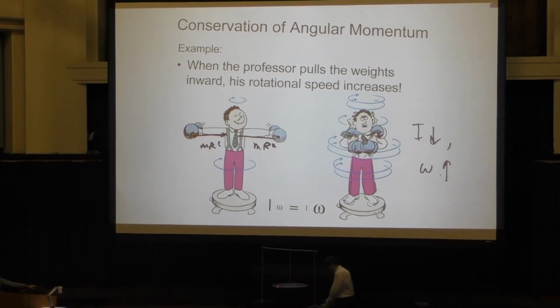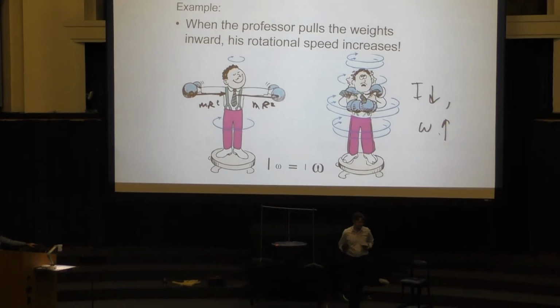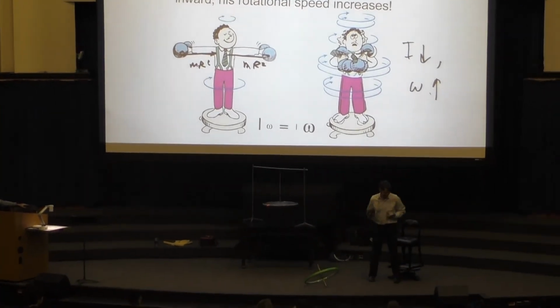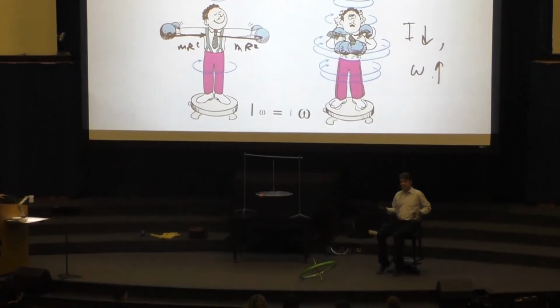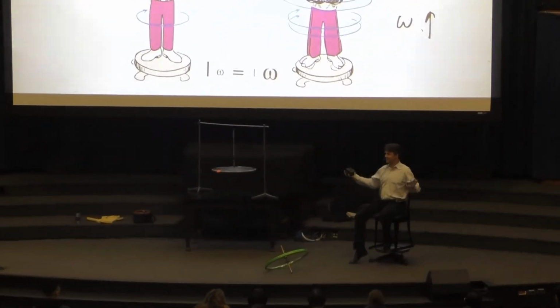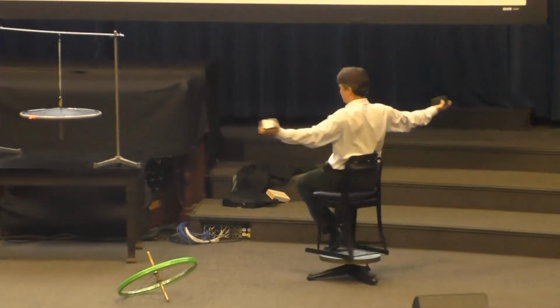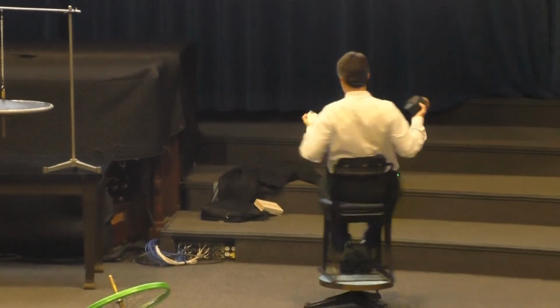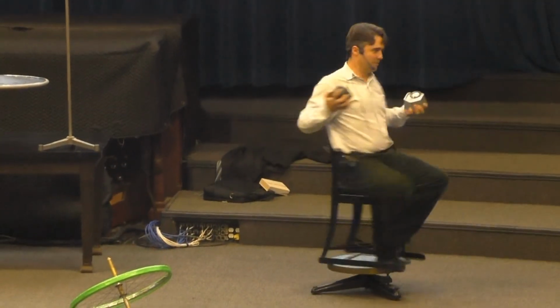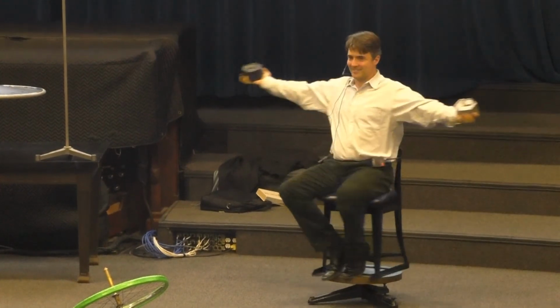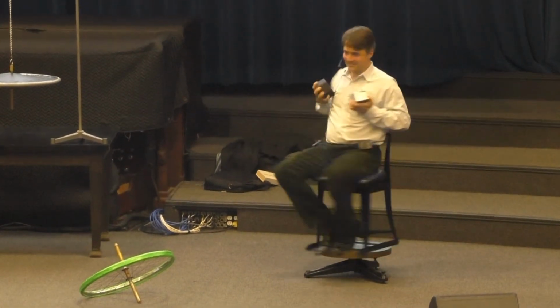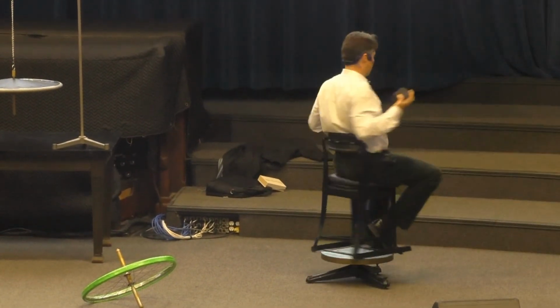I fear this demo a little bit because I get really dizzy, but it's important. If I really injure myself, I'm sure somebody will call 911. So, okay. All right, start like this, get myself going, bring the masses in, bring the masses out. It slows down. Bring the masses in, bring the masses out.